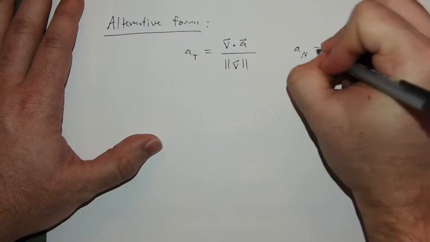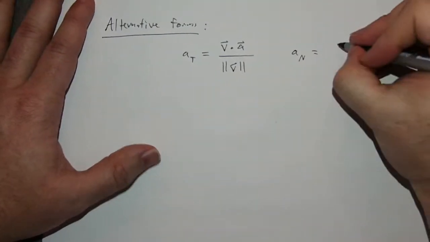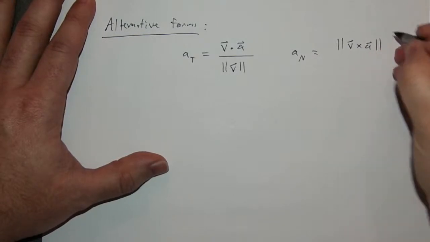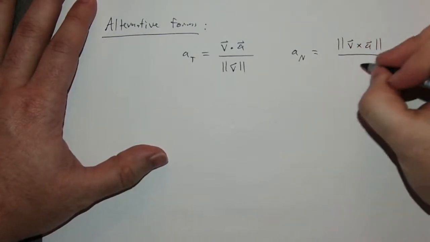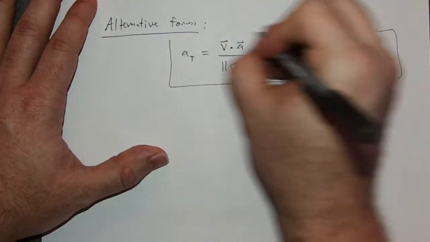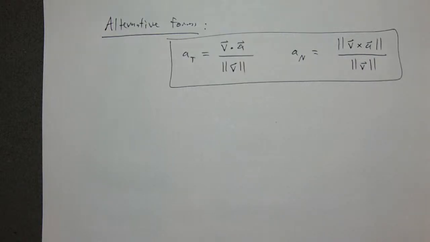And the normal component is crossing the velocity and acceleration and dividing by the speed. Okay, so it helps you to remember these alternative forms. You can deduce this just directly from those exact same formulas.